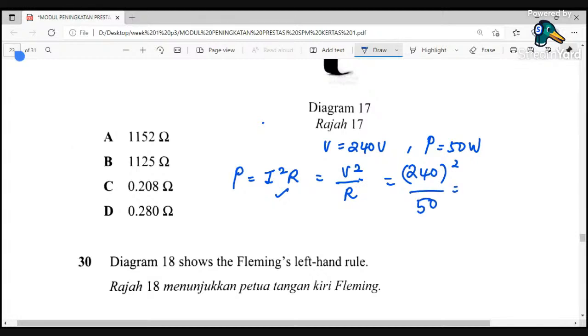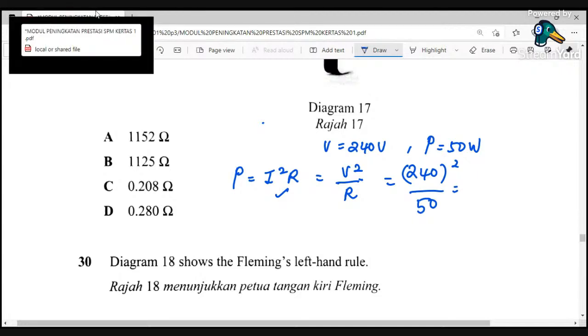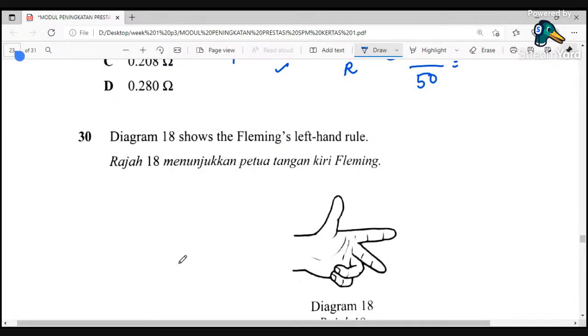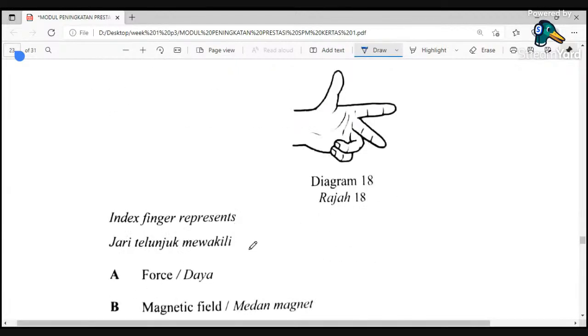Okay. Jawapan dia ialah tekan calculator untuk calculate.